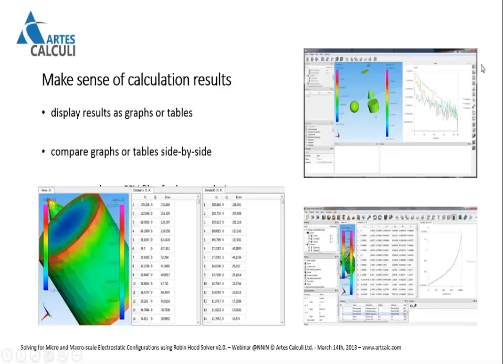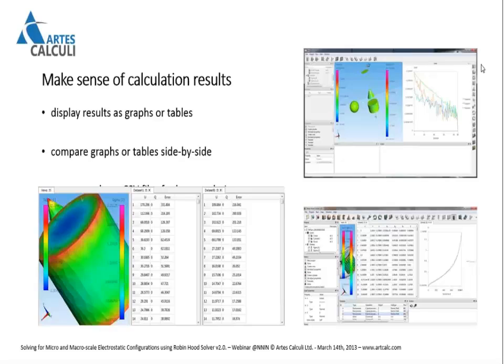As you can see from these images here, we have worked really hard to make the representation of the result very easy for you to make something out of it. After the calculation has been done, you can display the result as charts or as tables. You can compare these charts or tables side by side. You can also see the results visually in the form of various colors on the objects in the model.